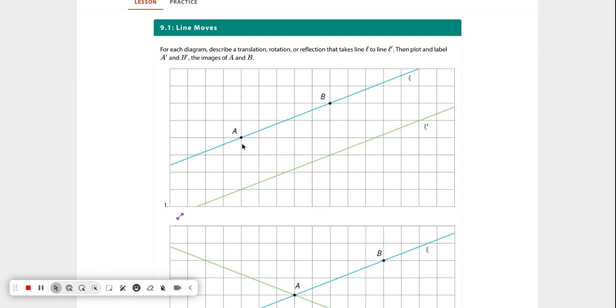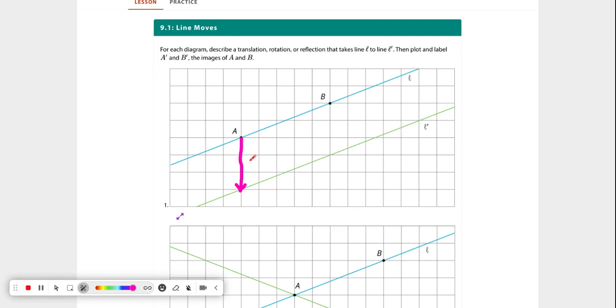I'm going to just suggest some quick ways that we can translate this blue line L to the green line L prime. One thing that looks like it can happen for me is that we can just translate this line straight down. It looks like if I come straight down like this, using this vector that I just drew, a vector tells me which direction and how far, I can reach the other line.